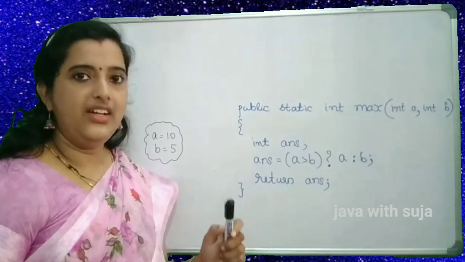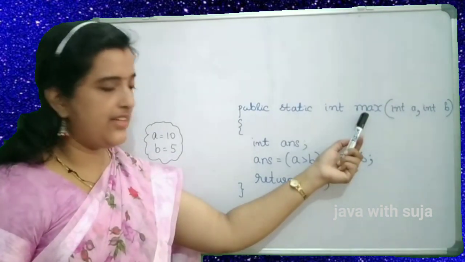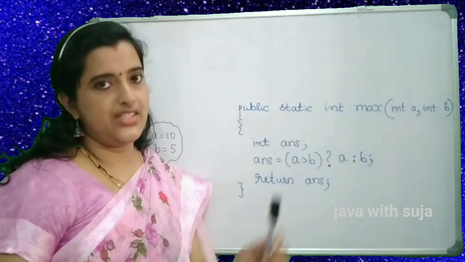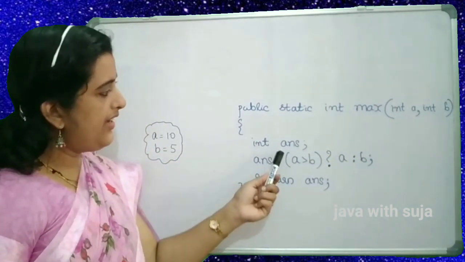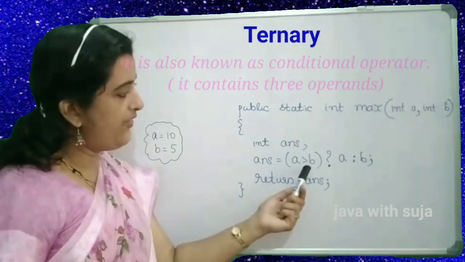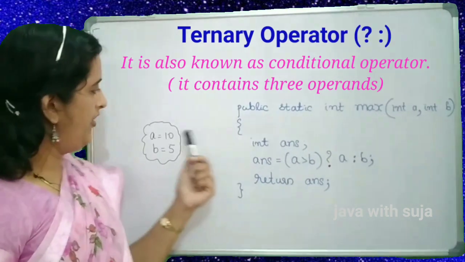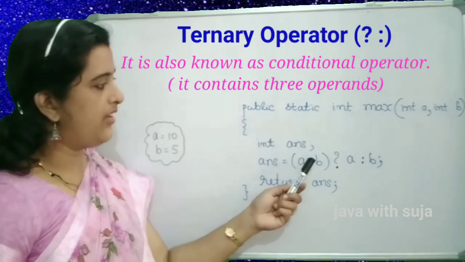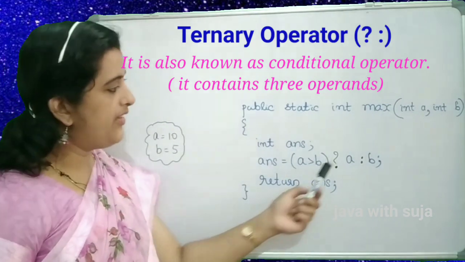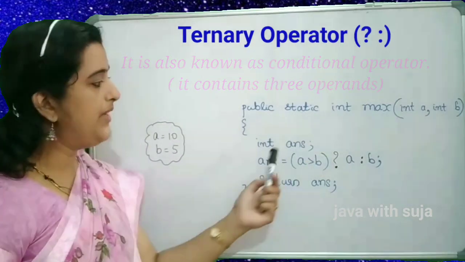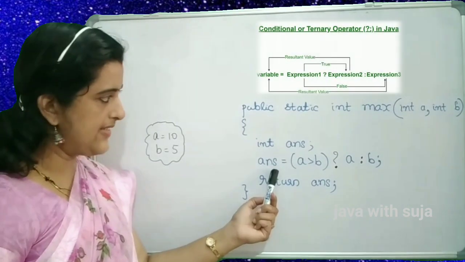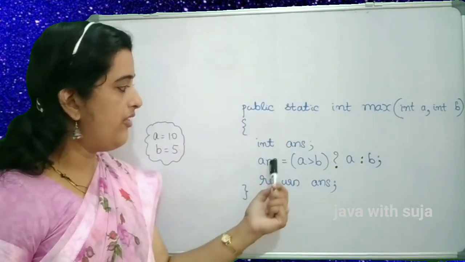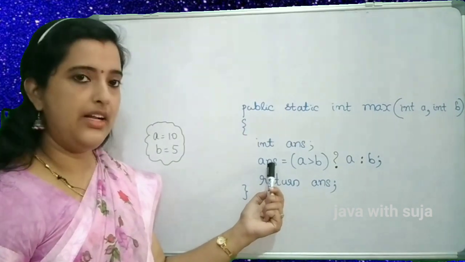Let us see another example. Here I have given a method with the name max with 2 parameters which are of integer data type. And here you can see we are checking whether the value of a, which is 10, is greater than b or not. If the condition is true, then the value of a will be assigned to the variable ans, whereas if the condition is false, the value of b will be assigned to the variable ans.